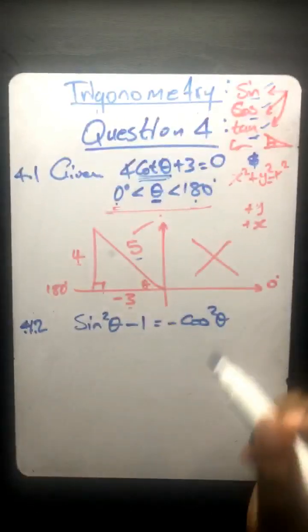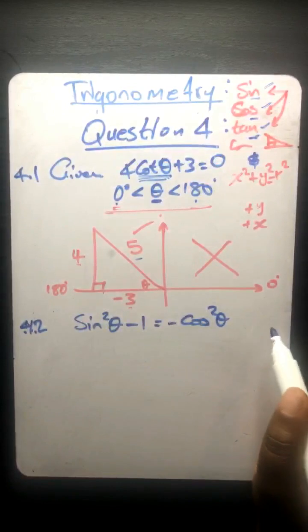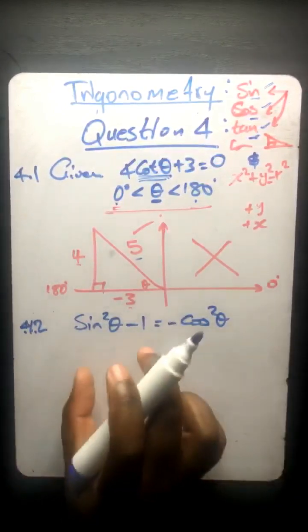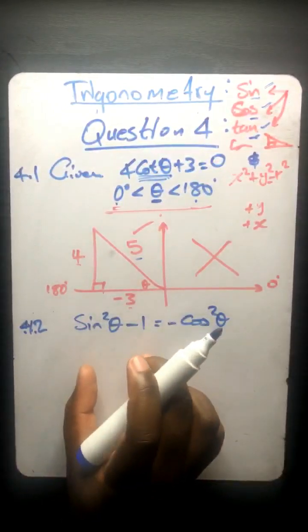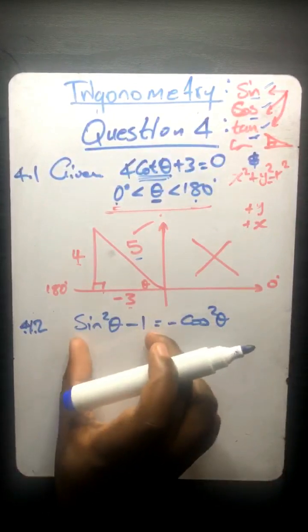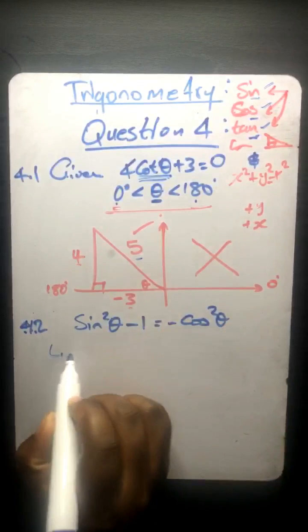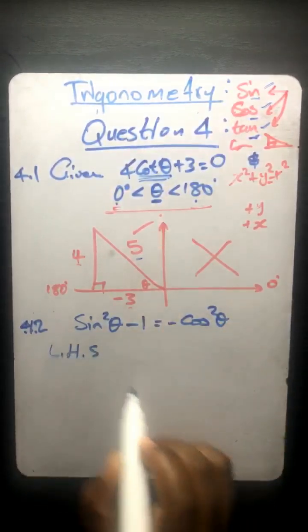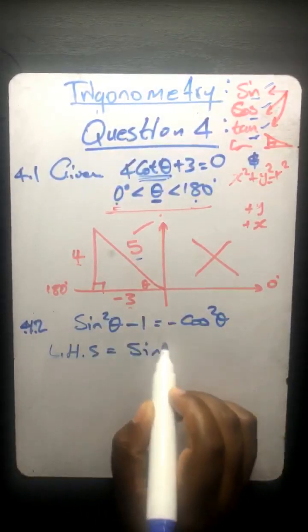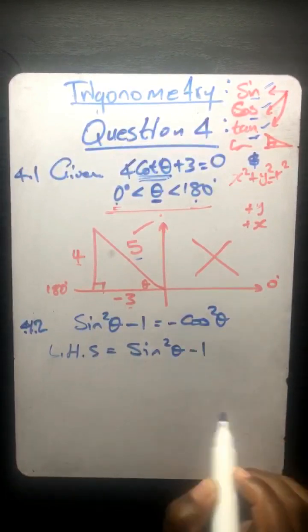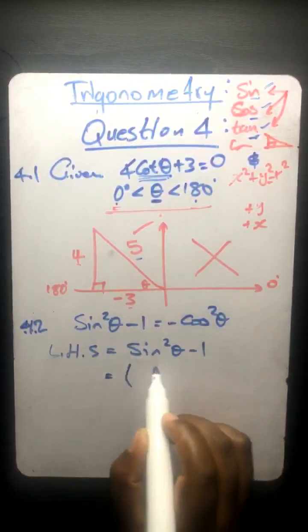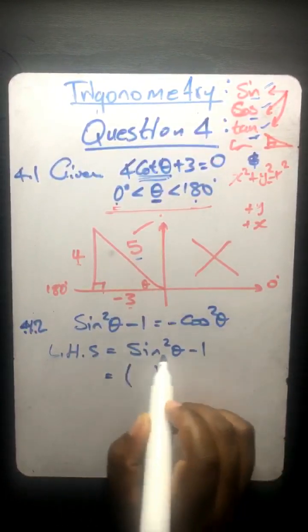Let's quickly look at this. They are saying, hence show that this is equal to that. Let's say the left hand side is sine squared angle minus 1. Let's see, what is the ratio for sine?